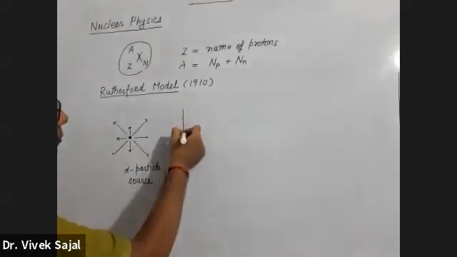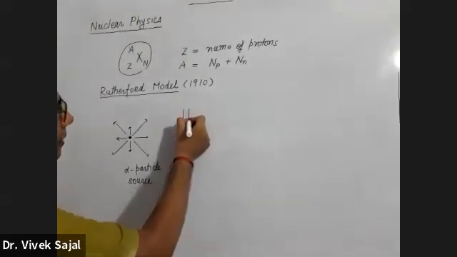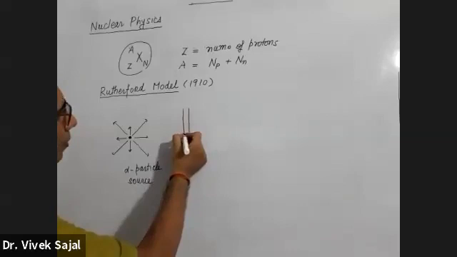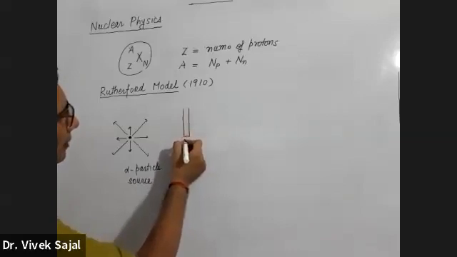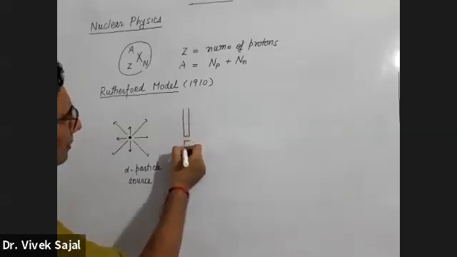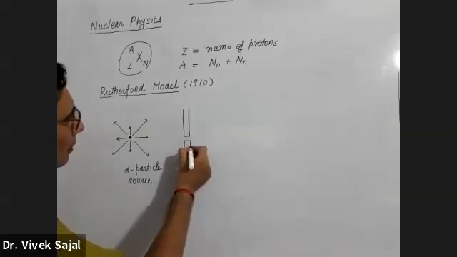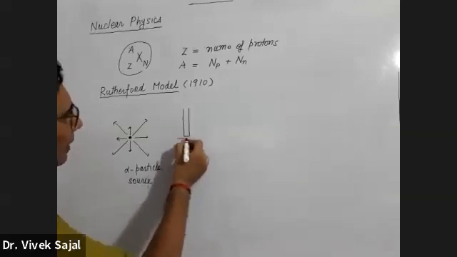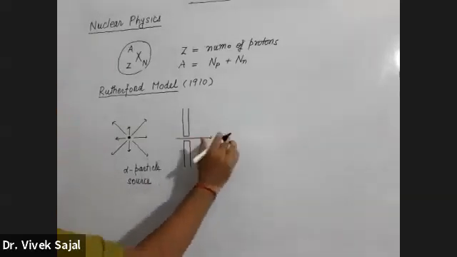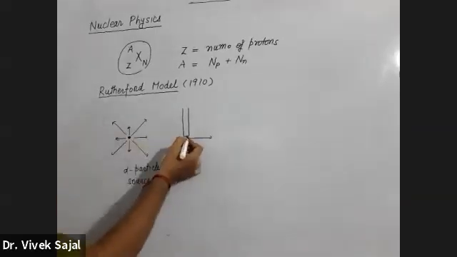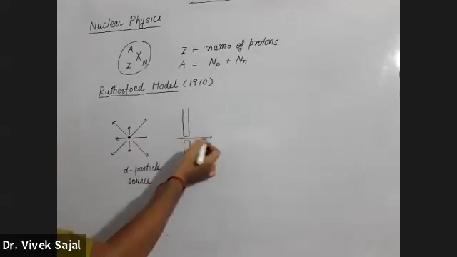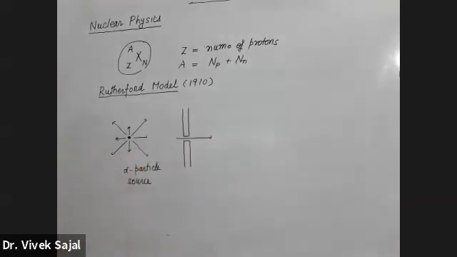So suppose this is the lead obstacle or box in which a small hole is there. Alpha particles are coming out of this in the form of a fine beam. The thickness of this hole is very small, so these alpha particles are very much focused. They are moving as a parallel beam.